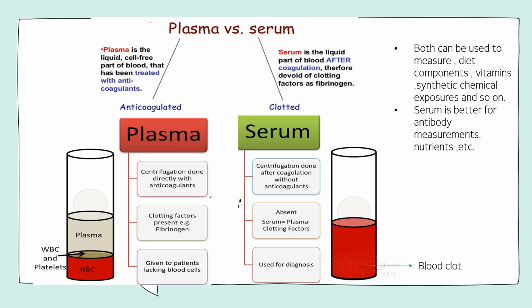So what is the difference between plasma and serum? Plasma is the liquid, cell-free part of blood that has been treated with anticoagulant. Serum is the liquid part of blood after coagulation, where no anticoagulant is added. For plasma, centrifugation is done directly with anticoagulant, and plasma clotting factors will be present, for example prothrombin or fibrinogen, and the plasma can be given to a patient lacking blood cells.